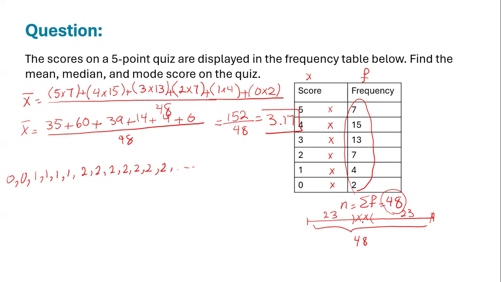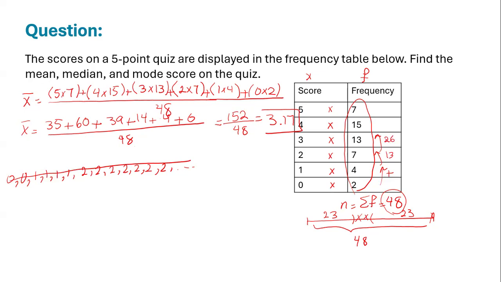So now, instead of just listing all the numbers, you can start adding the frequencies, but you need to start from the bottom because 0 is the smallest number. So 2 plus 4, which is 6. 6 plus 7, which is 13. 13 plus 13 is 26.